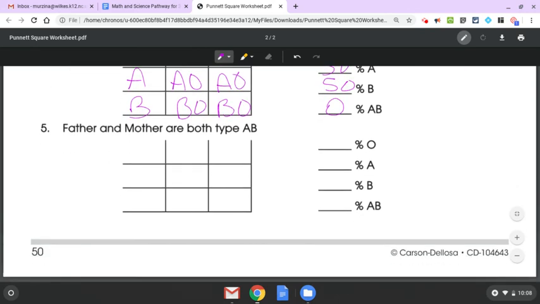And then the very last one says the mother and father are both type AB. So it would be written just like this, AB, AB. When you do the crosses, you'll have AA, AB, AB, and BB.